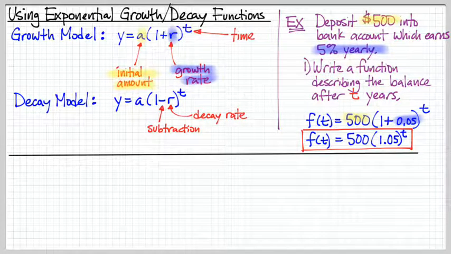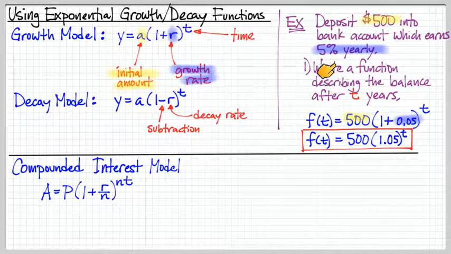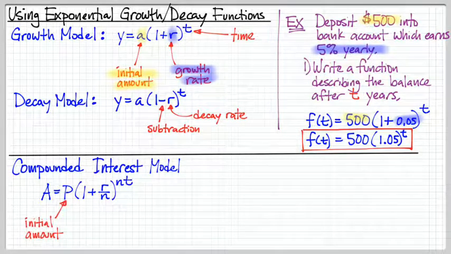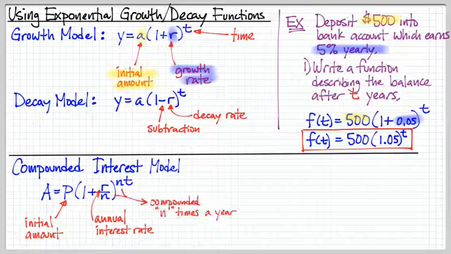Now there's a little twist on this. Suppose we want to compound the interest at a faster rate. In the example above, we're earning 5% interest every year. Suppose instead we have what we call compound interest. We start with the principal amount P, and we have an annual rate of earning interest, but we earn interest maybe not once a year, but 4 times a year, maybe 10 times a year, maybe even daily.